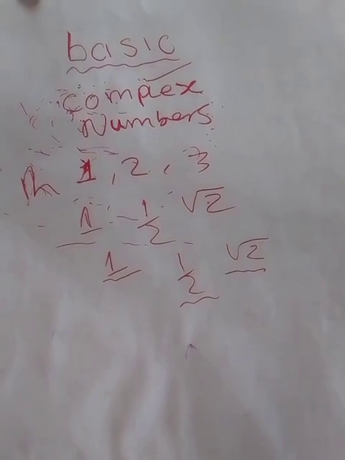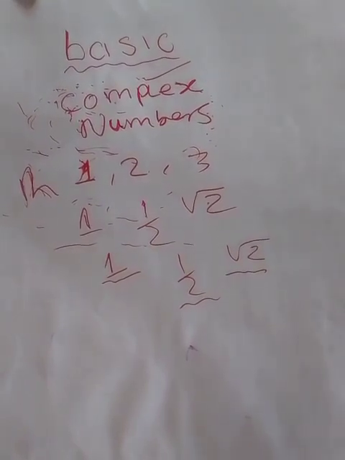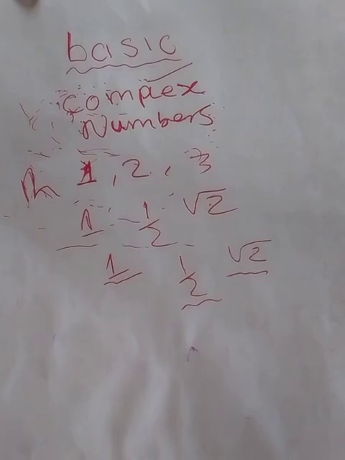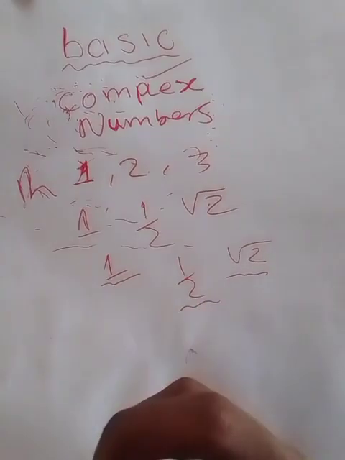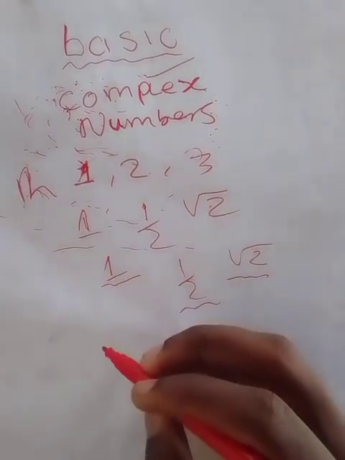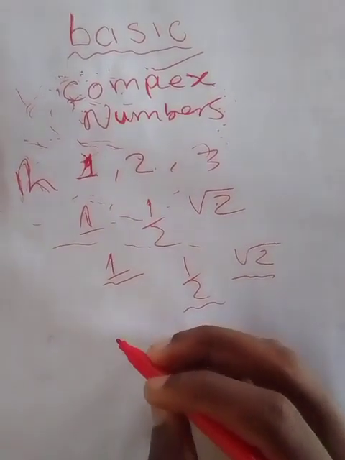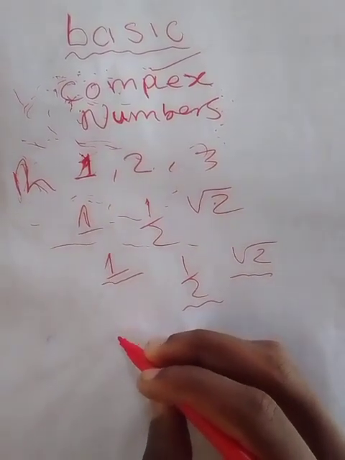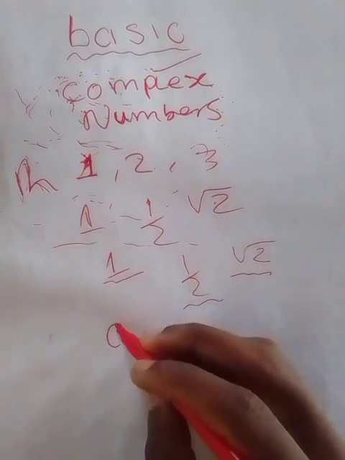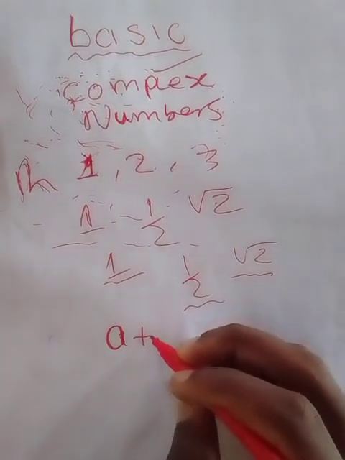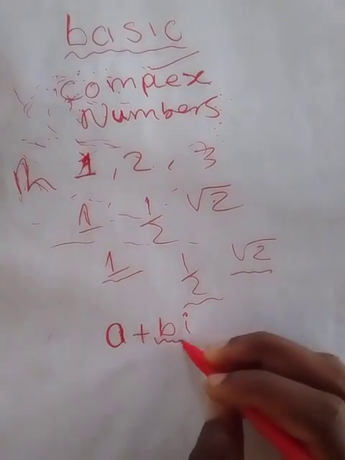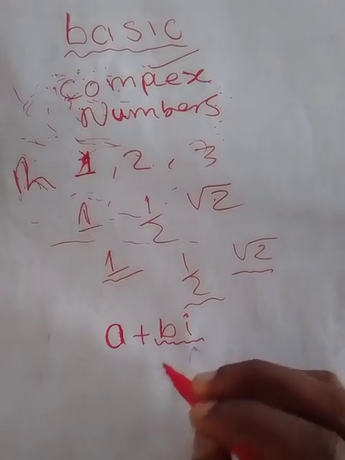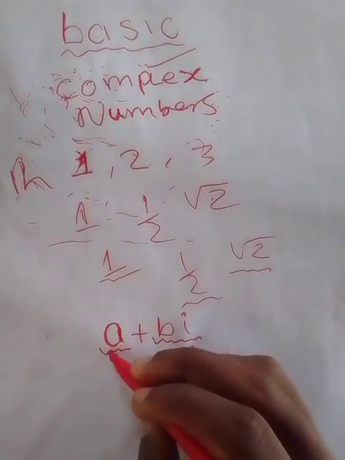That's why they are called complex numbers. That's why they are said to be complex. It is because of the additional part which they have. What is that additional part? Complex numbers are written in this form: A plus B with the symbol I. This is the additional part. The first part is the real part, and it is a real number.